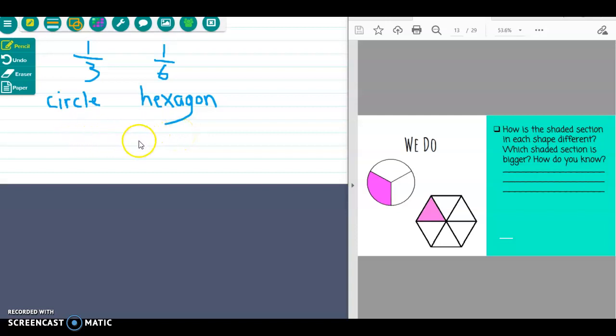Which pizza will you get the largest slice from? Well, of course, the one with 3 slices, because you'll have 3 big slices instead of 6 smaller slices. So, therefore, looking back at our picture, we can see that 1/6, the hexagon section right here, is smaller than 1/3.